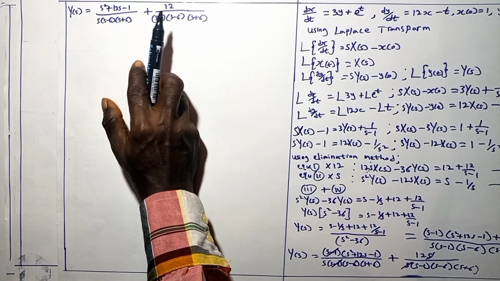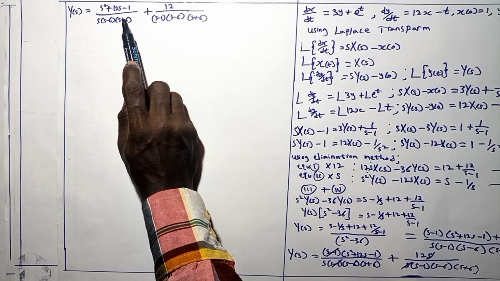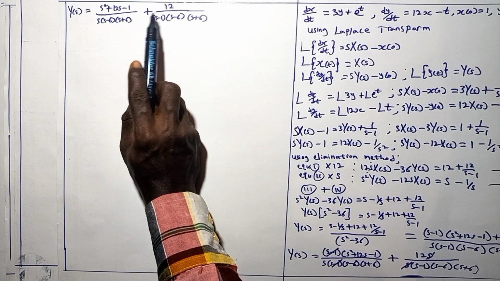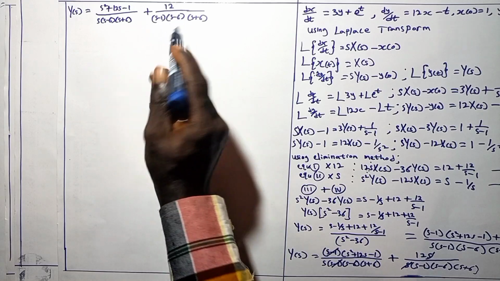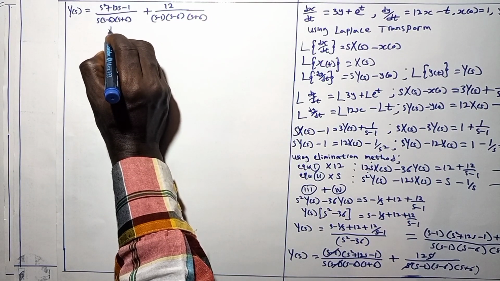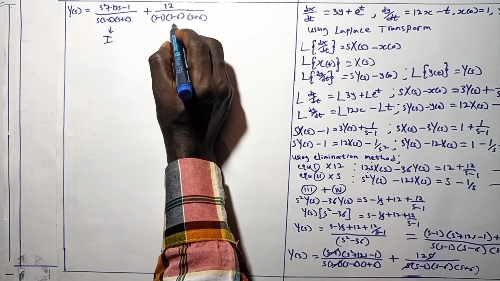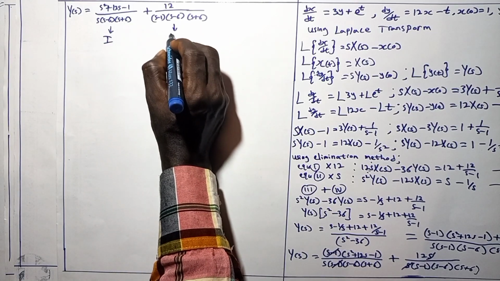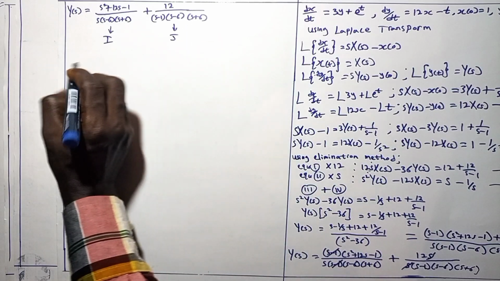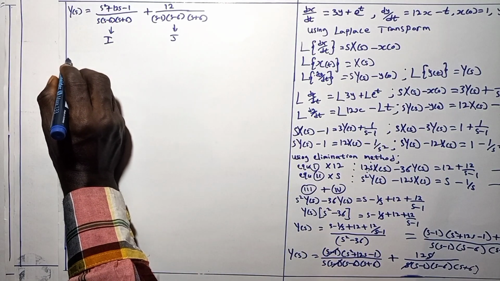So we'll break it down by turning it into partial fractions. Let me denote this first fraction as I, then let me call this second fraction J. So now let's first split the first fraction, I.